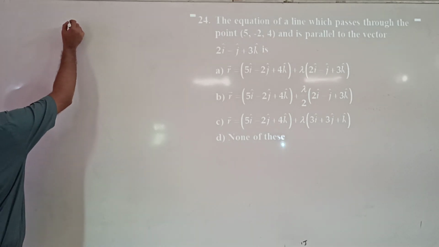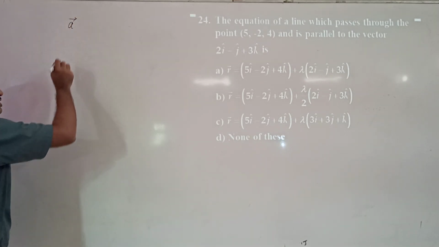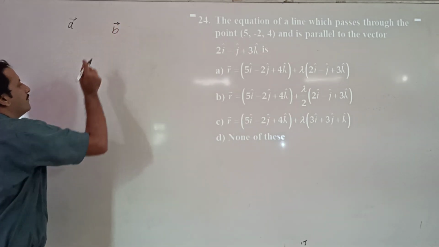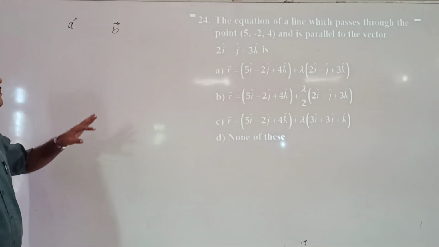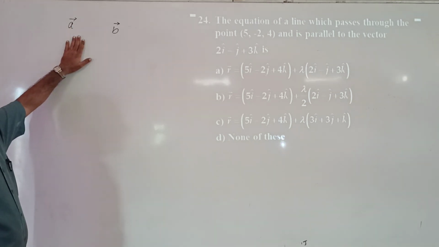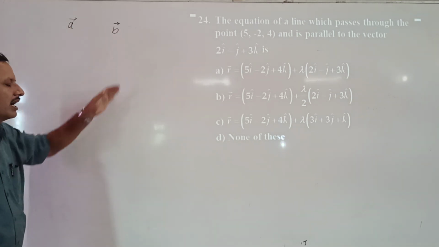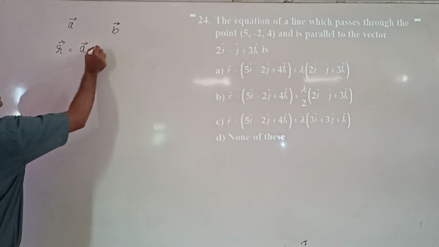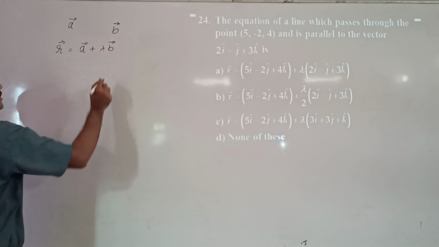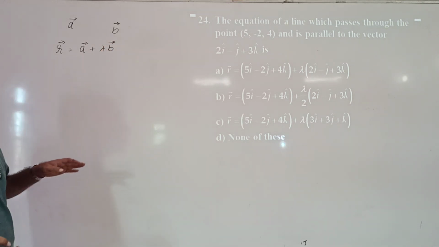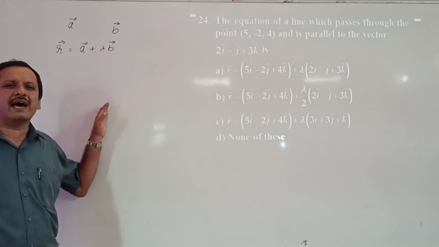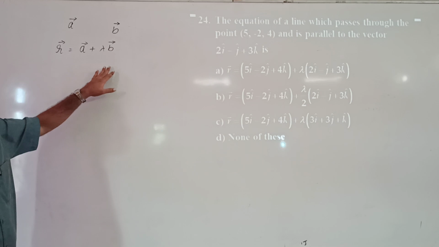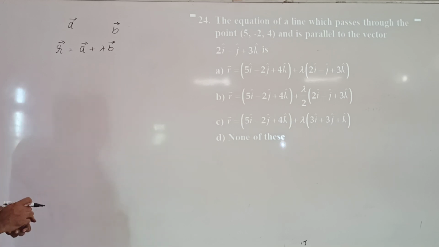You know the equation of a line passing through a point with position vector a bar and parallel to another vector b bar is r bar is equal to a bar plus lambda into b bar.